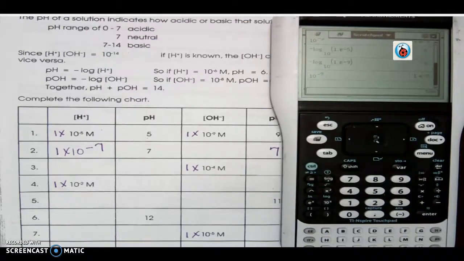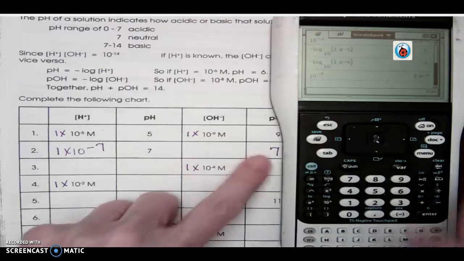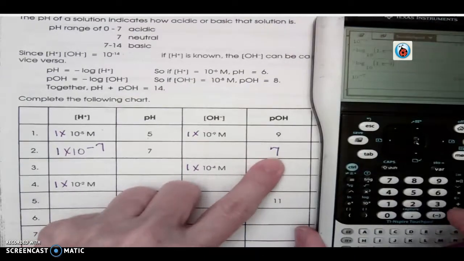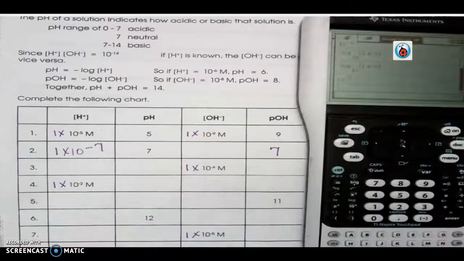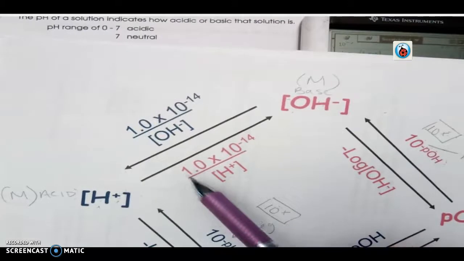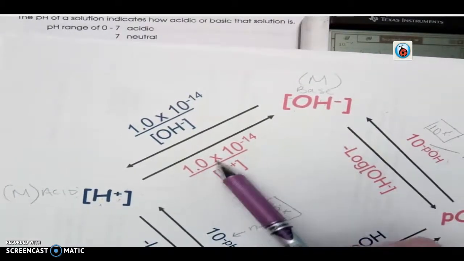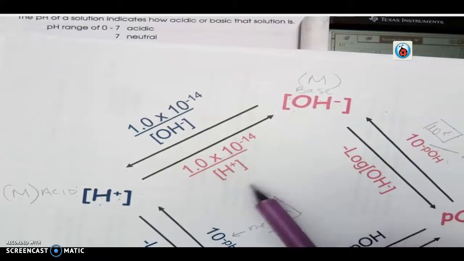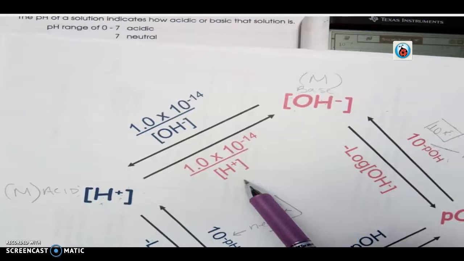What if I want to go here? Again, I can do negative log, not negative log, 10 to the negative 7. I can do that. What if I do something else though? What if I go from here to here? I'm going to put in 1 times 10 to the negative 14, and divide it by the answer we just got, which is 1 times 10 to the negative 7.